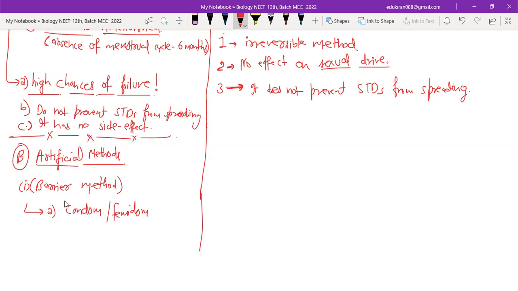Artificial methods, write down. In artificial barrier methods, ovum and sperms are prevented from physically interacting with each other.